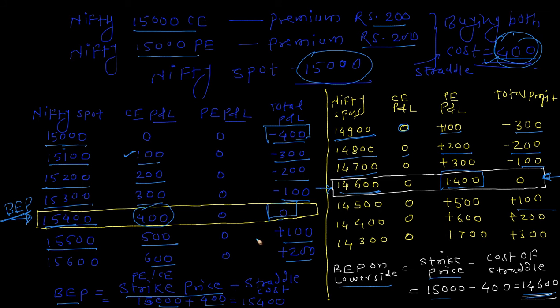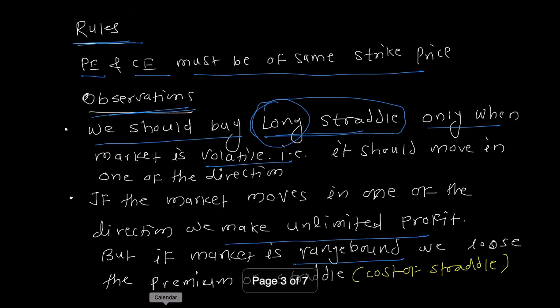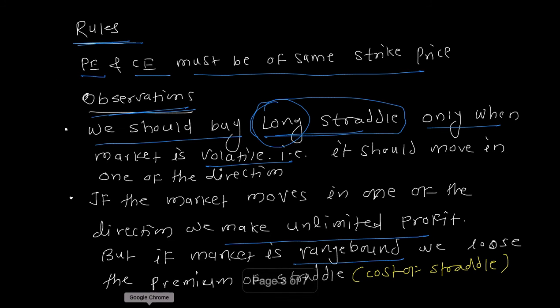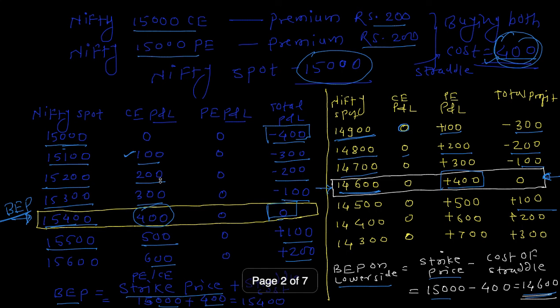So let us plot this in the payoff graph. So we saw that at 14,300 we had a profit of 300 rupees, right?